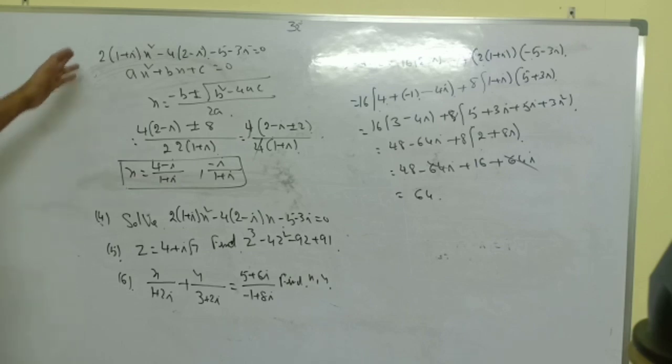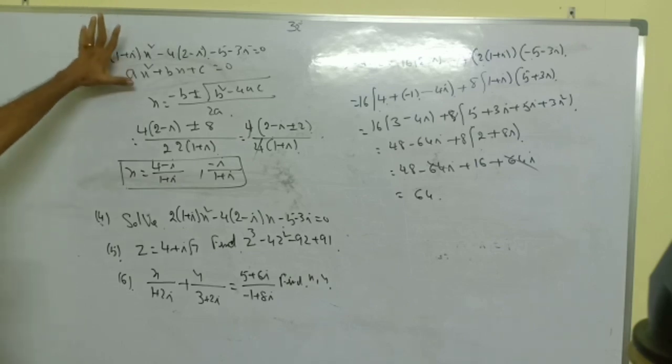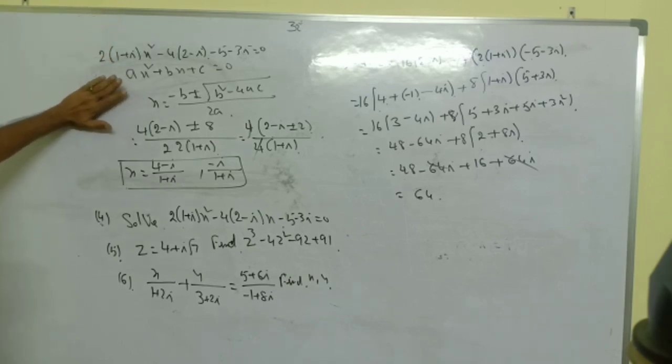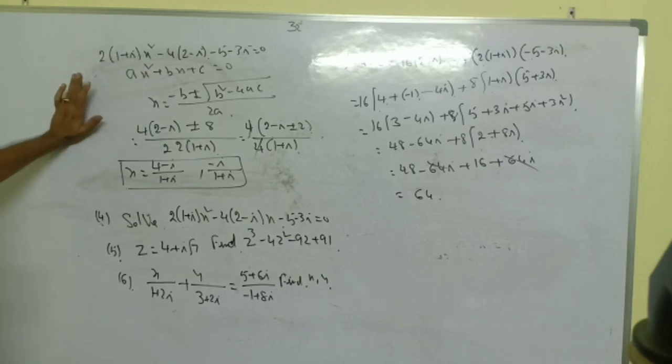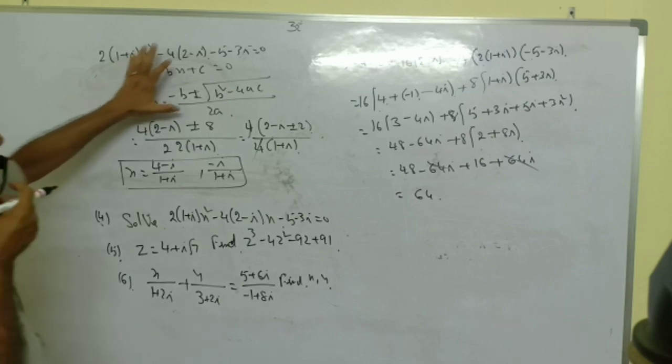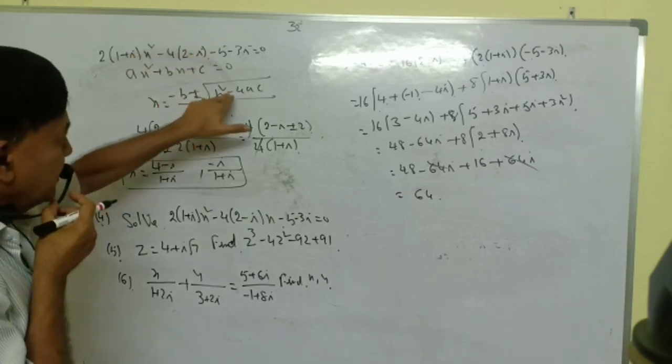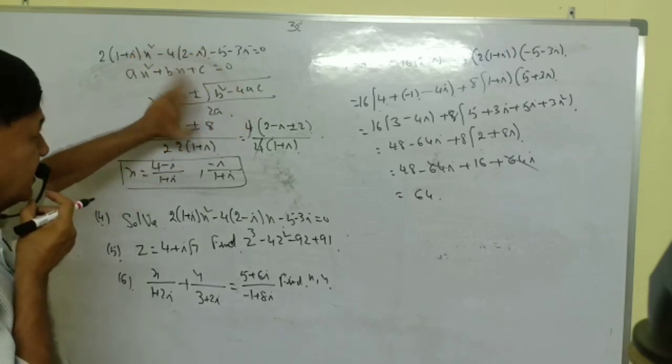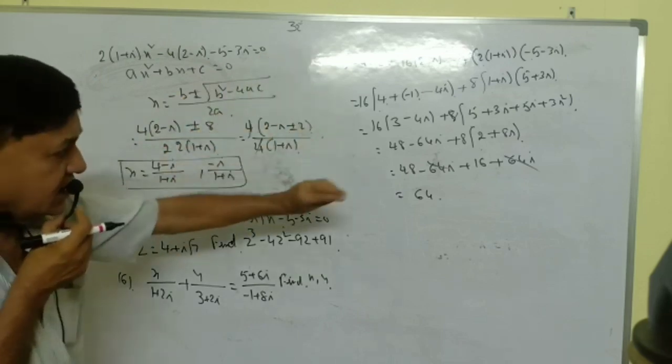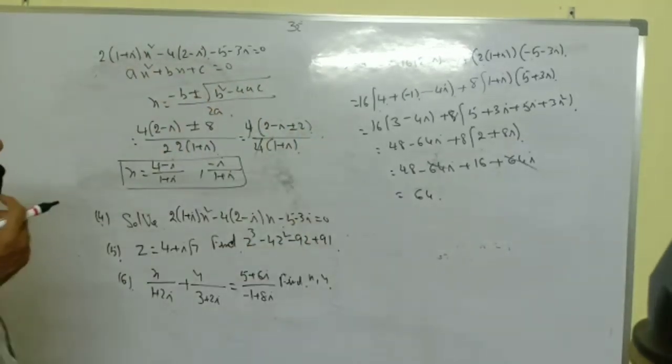So solving a quadratic equation is just like your real number system. X is equal to minus b plus or minus square root of b square minus 4ac by 2a. When you are having like this, don't put here and complicate it. You take separately, evaluate, and then substitute is better. You will not go wrong while doing the calculations.